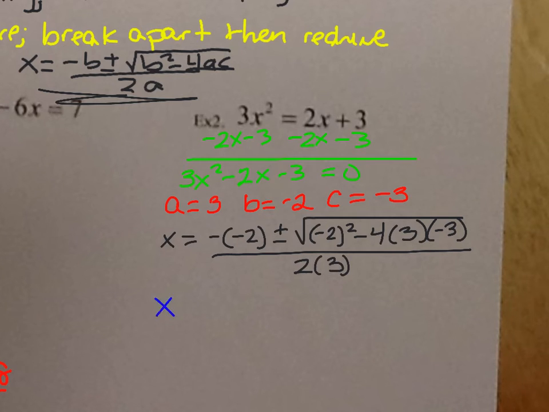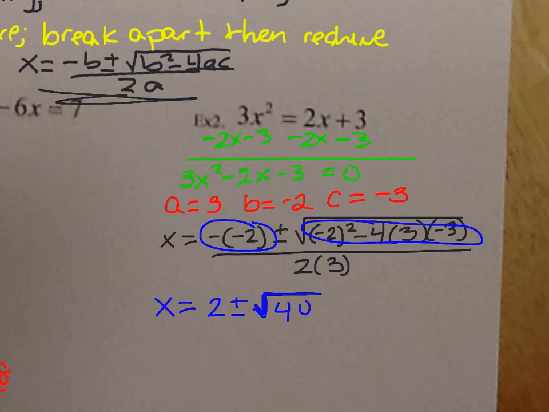Okay, so we have x equals negative 2 is 2, plus minus square root. Now we plug in what's under the square root, not the square root symbol, because I'm putting the square root symbol here. So just negative 2 squared minus 4 times 3 times negative 3, and we get 40 over 6.